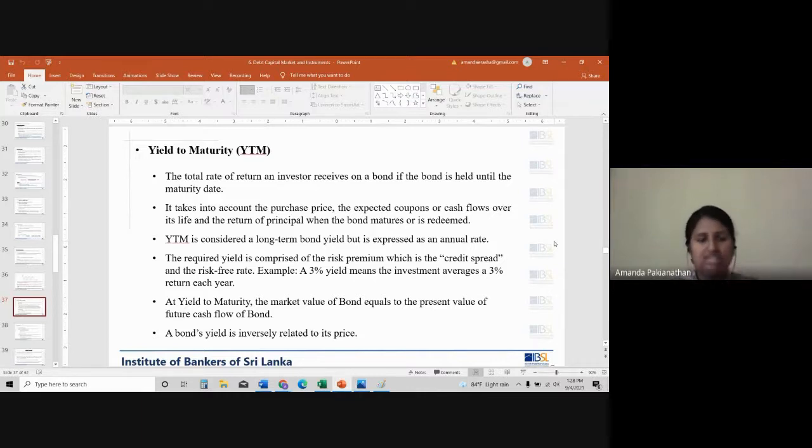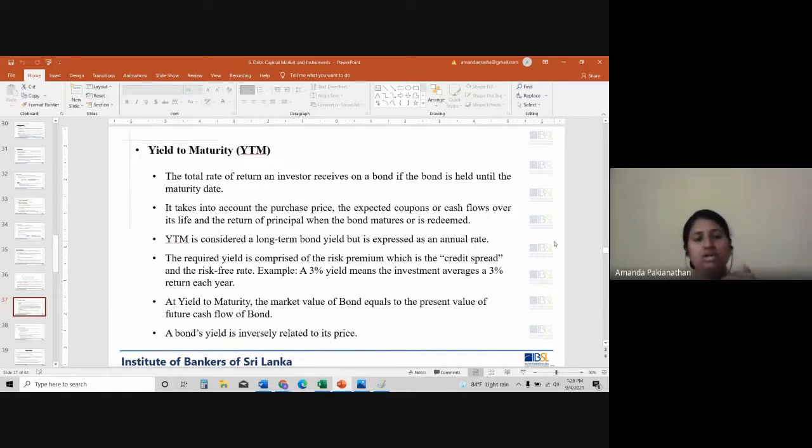If you purchase on a particular date and you hold that instrument until its natural expiry or agreed maturity date, what's going to be your yield or return in comparison to the amount paid?